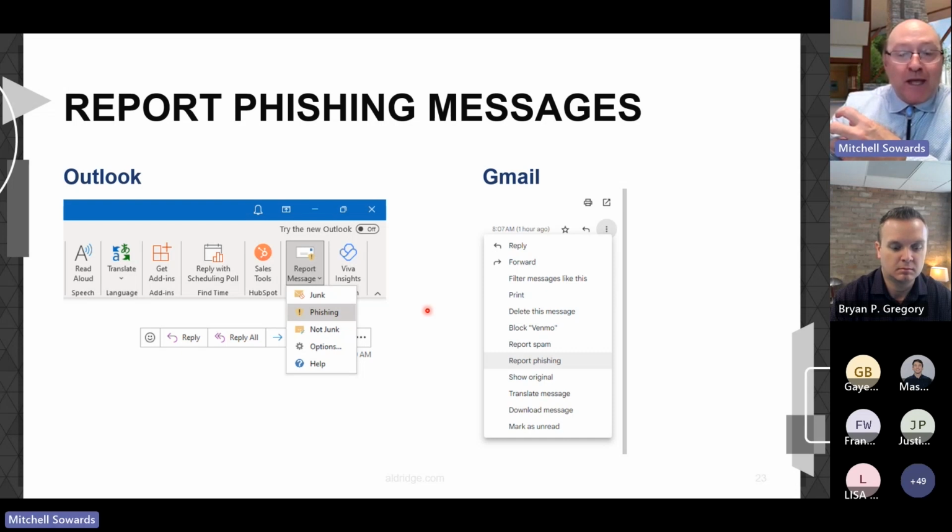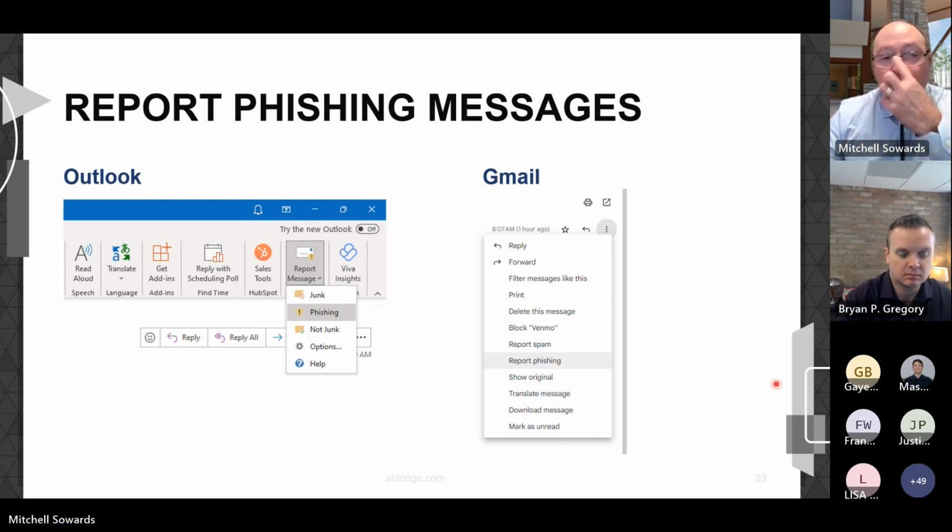And not only will they block it in the future, they will go into the mailboxes of all 97 other employees in your company and take that email out. So if enough people in your organization identify something as phishing, Microsoft will proactively remove that email from everyone else's mailbox.